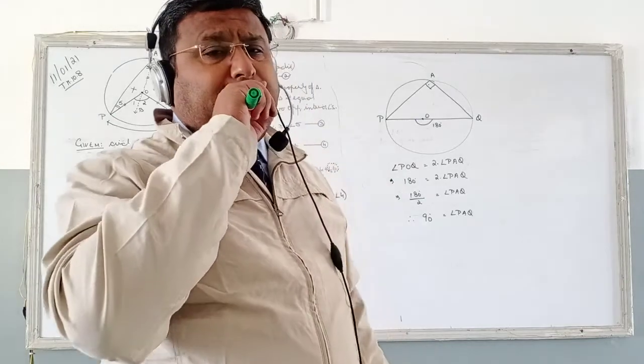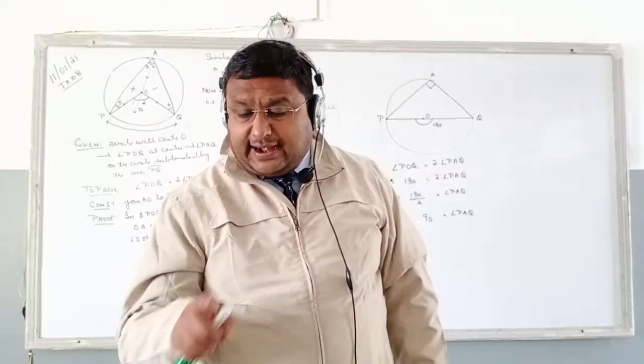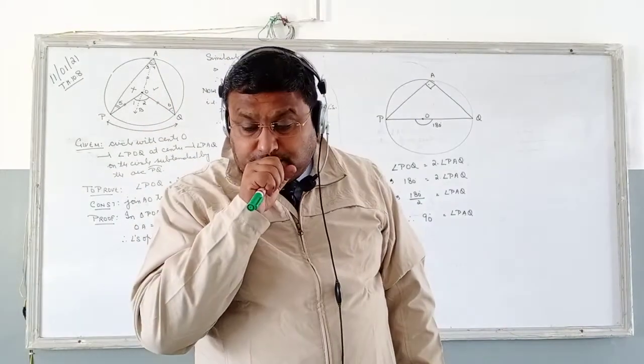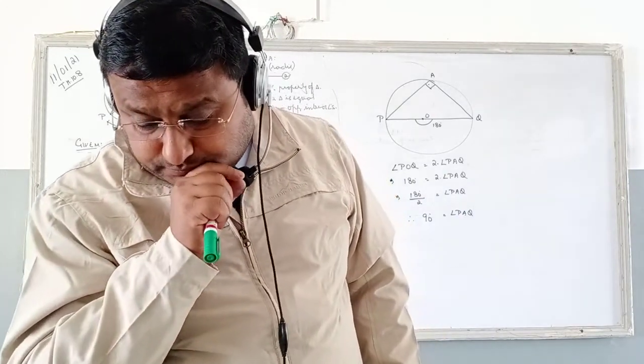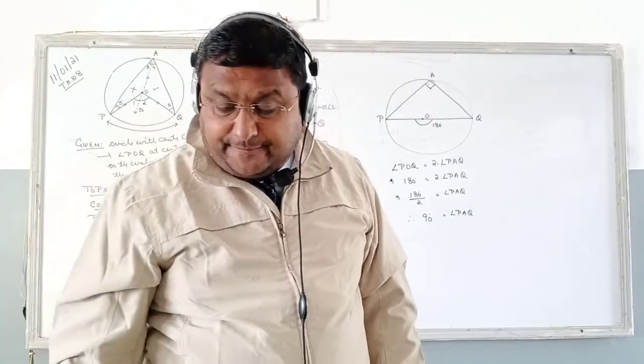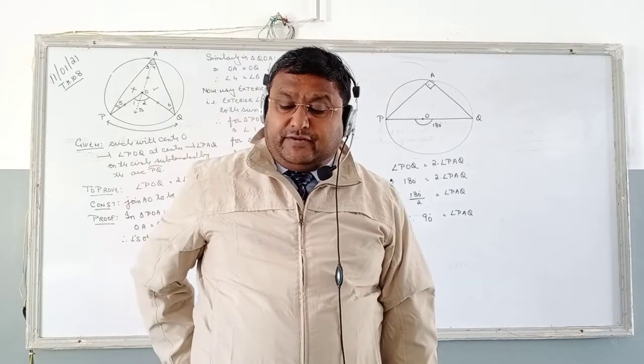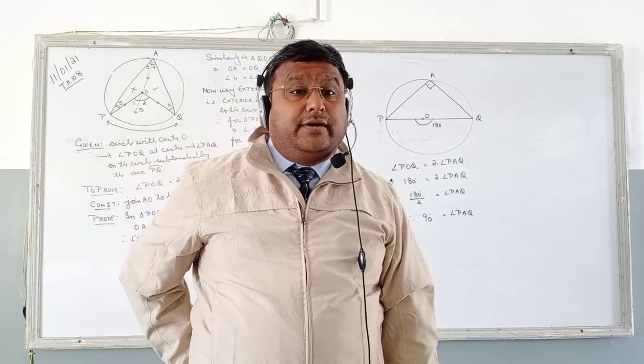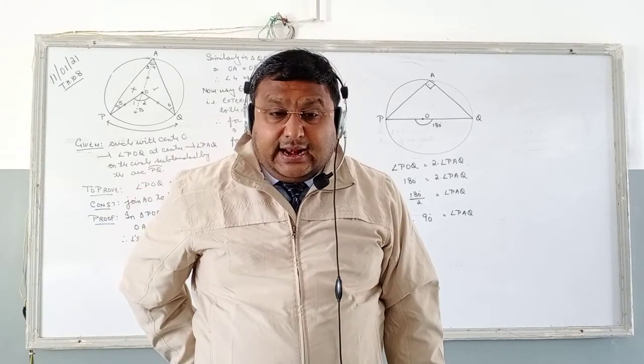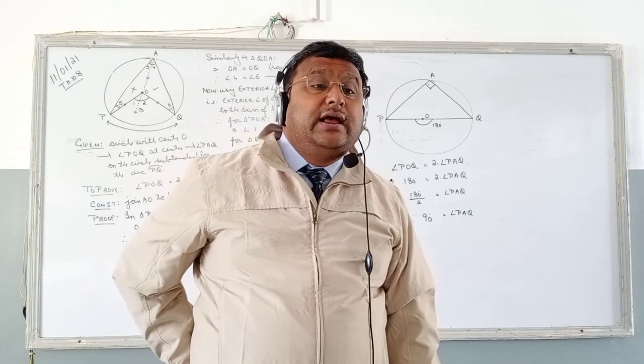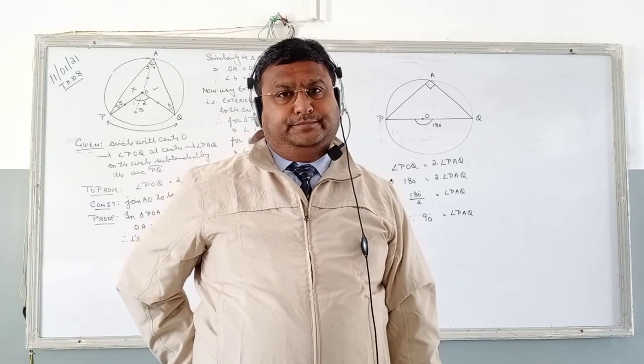Yes, but point A has to be on the circle. And this statement is verified in the book, page number 181, just above theorem 10.10. Just above 10.10 it says that the angle in a semicircle is 90 degrees.